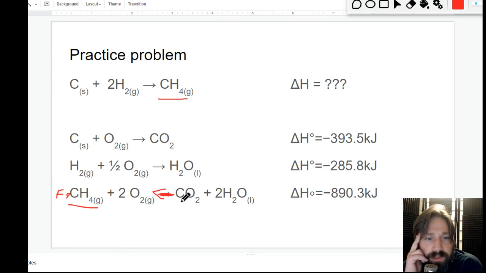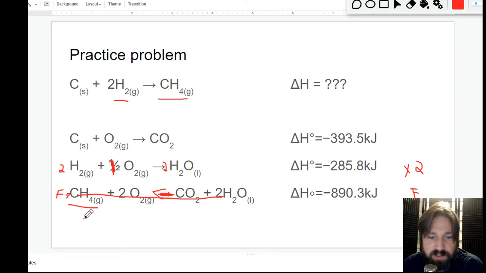What else do we need to do? Well, we need hydrogens on the reactant side, and we got it, but we only have one here. So we're going to need to double all of this. So that's going to be 1, and that's going to be double. So what we're going to do here is we're flipping, and we're doubling this one. And I think that's good. So what I'm going to do actually is just rewrite this because it's going to be confusing in the next step.